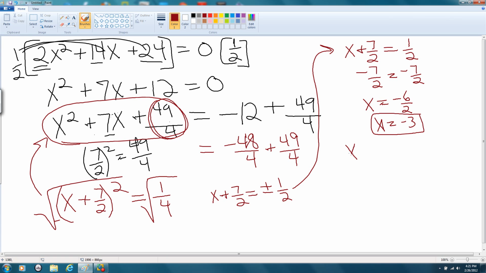The other one is going to be x plus 7/2 is equal to negative 1/2. I'm going to subtract 7/2 from both sides. And I'm going to get x is equal to negative 8/2, or x is equal to negative 4.